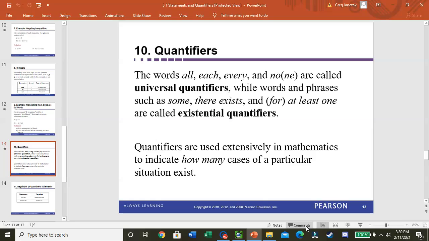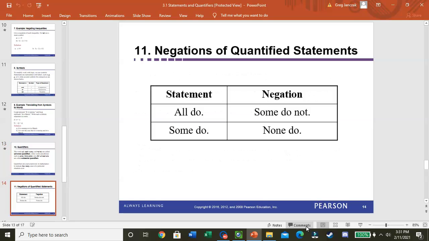So for example, the statement all do, that's an absolute. Whereas some do not, that's a negation. That is not an absolute. All versus some. So some do is a statement that's not an absolute.